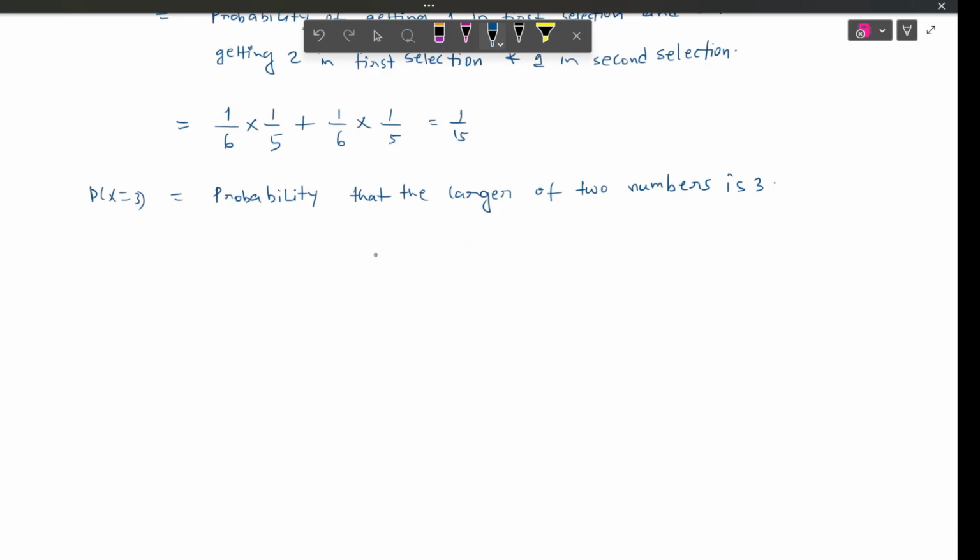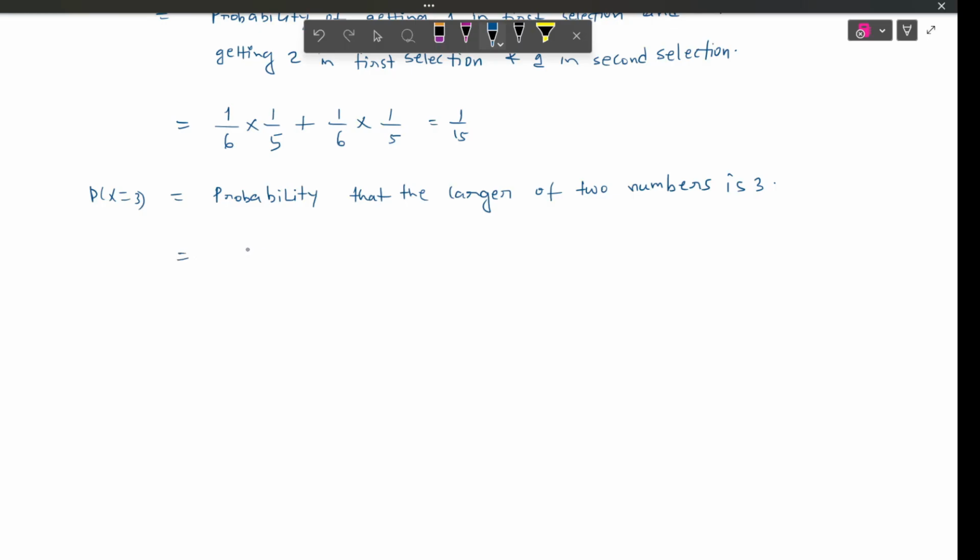So there is a possibility that in the first selection you get a number less than 3, and you get number 3 in the second selection, or it can happen in this manner also: getting 3 in the first selection and a number less than 3 in the second selection.